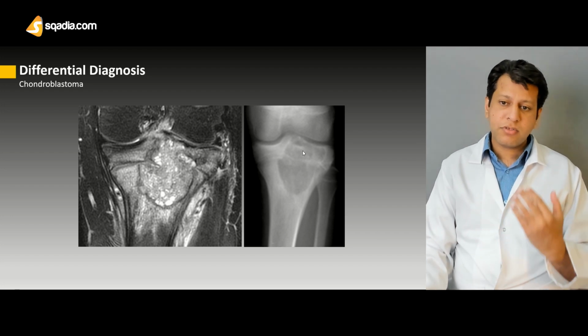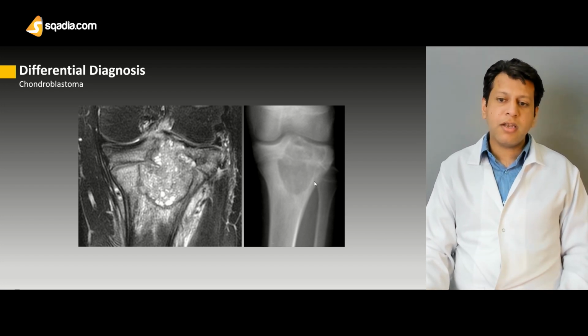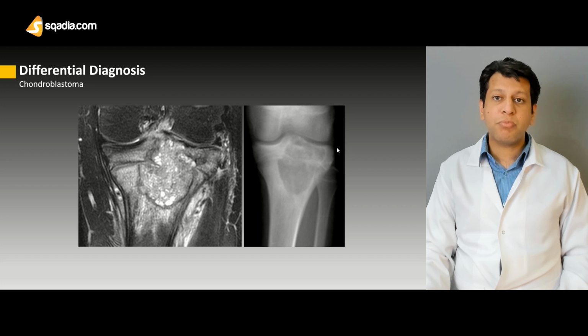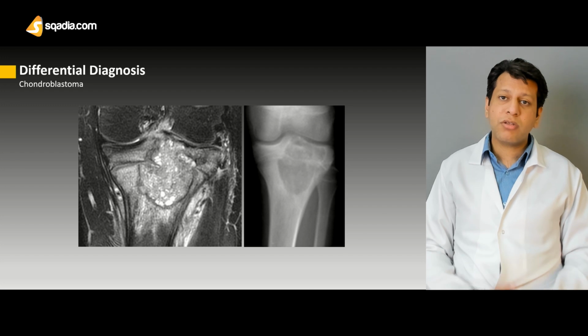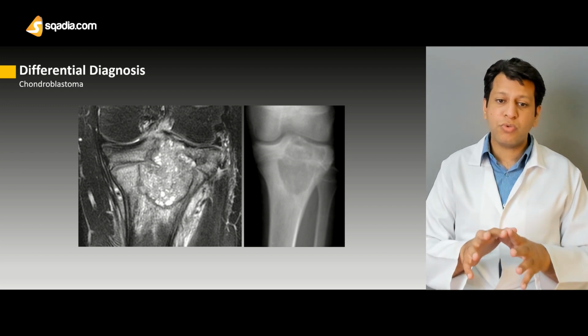At first it looks like it's basically a lytic lesion, it cannot be synovial chondromatosis, but if you look closely there is a stippled calcification which is present over here as well. Sometimes what happens is that in this one you can appreciate there is no cartilaginous break, but sometimes there's actually a break, and this leads to protrusion of chondroblastoma into the joint.